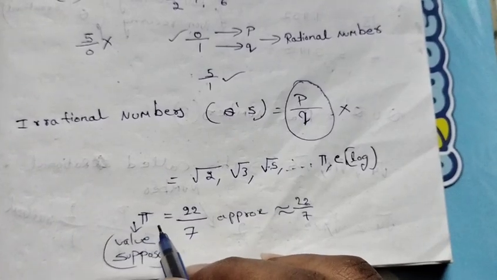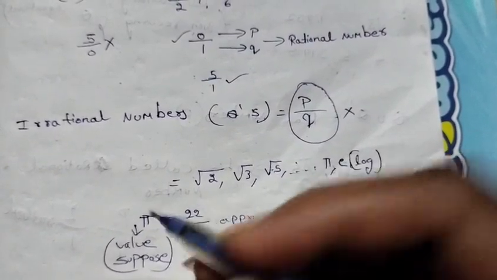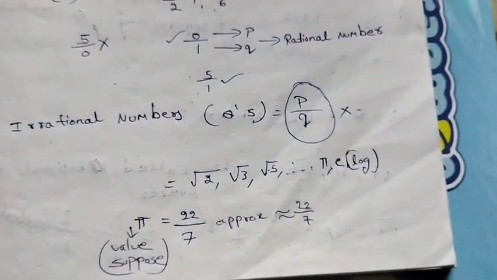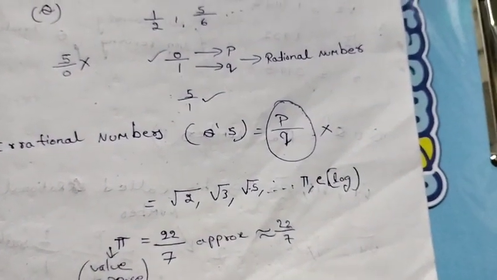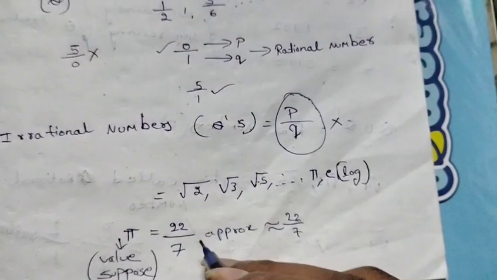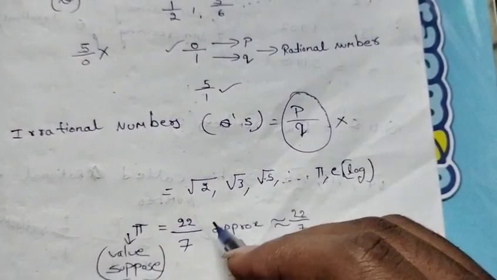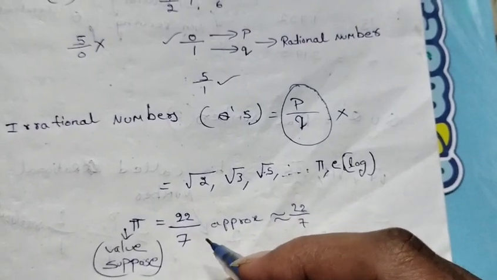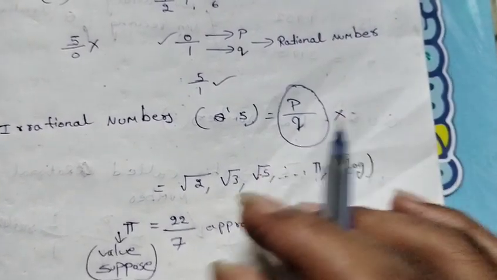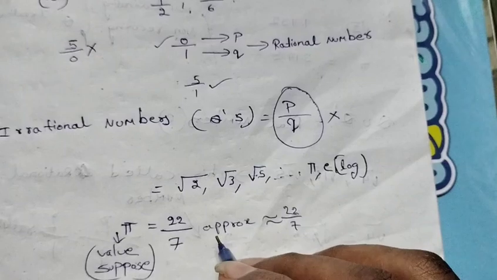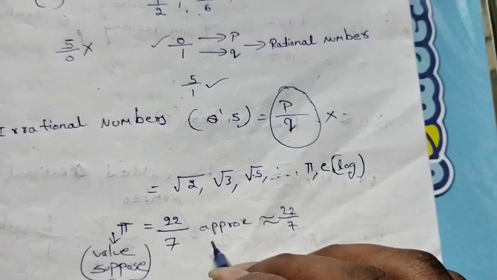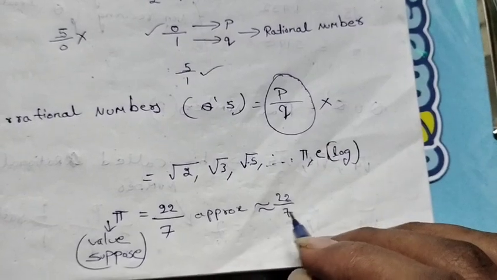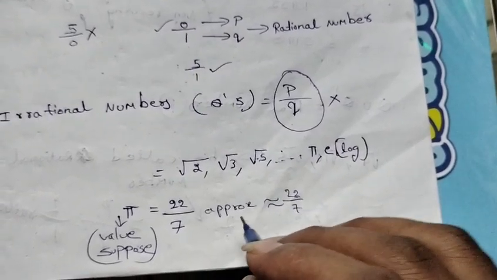Here, the pi value we know from our childhood is 22 by 7, which is in p by q form. We can say it's a rational number, but the problem is that it's not a fixed value, it's an approximate value. So 22 by 7 is approximate, and that's why pi is called an irrational number.